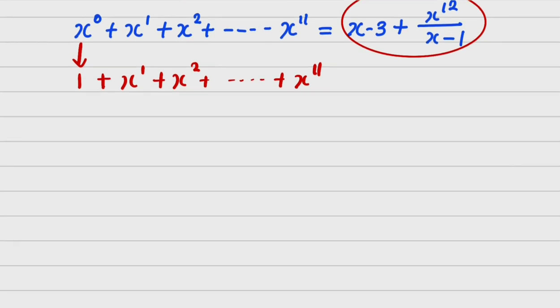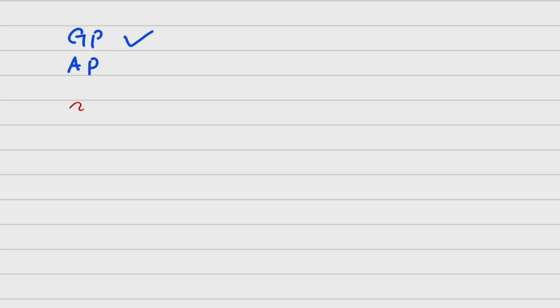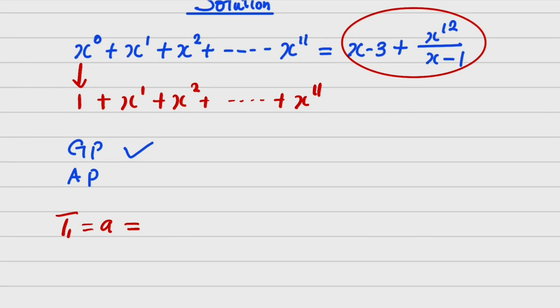Now in working the left hand side, it's a series. So there are two things there. It is either a GP, geometric progression, or an AP, which is arithmetic progression. But looking at it carefully, you'll find out that it is actually a GP. Now, if it's a GP, then we need some things in a GP. The first thing that we need is our T1, which is our first term. In this case, first term is a and our first term is 1.